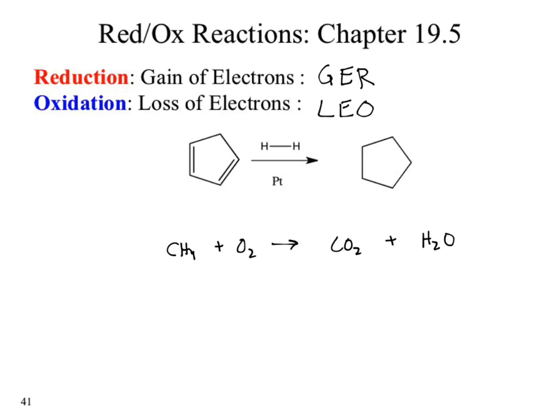I can reference the oxygen. I could also reference hydrogen. In an oxidation reaction, I'm losing hydrogens at the expense of gaining oxygens. Okay? I don't have to gain oxygens, but one of these two cases has to be true. What happened to our carbons?